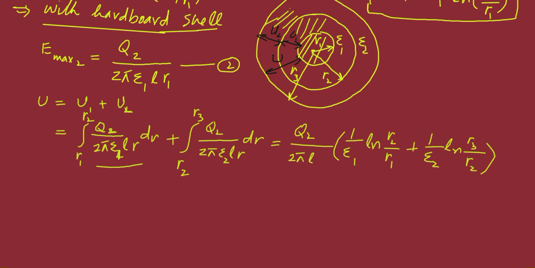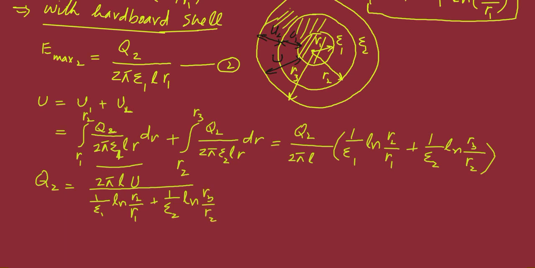Okay, then we can rearrange this equation to get the value of Q2. So Q2 will be equal to 2 pi L U over 1 over epsilon 1 natural log of R2 over R1 plus 1 over epsilon 2 natural log of R3 over R2.